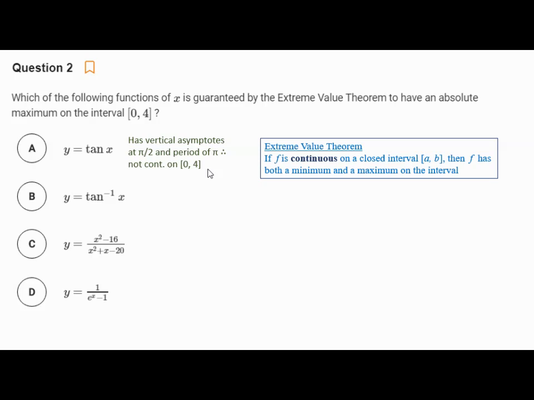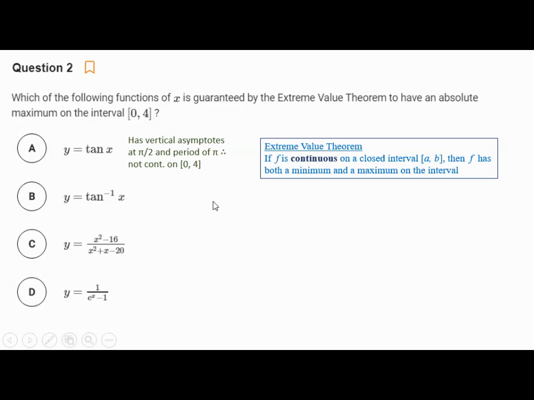If you were to go to negative infinity, the next one would be negative pi over 2, negative 3 pi over 2, and so on. In any case, there is a vertical asymptote, which means there is an infinite discontinuity at pi over 2, which is on the interval of 0 to 4. So therefore, A cannot work.